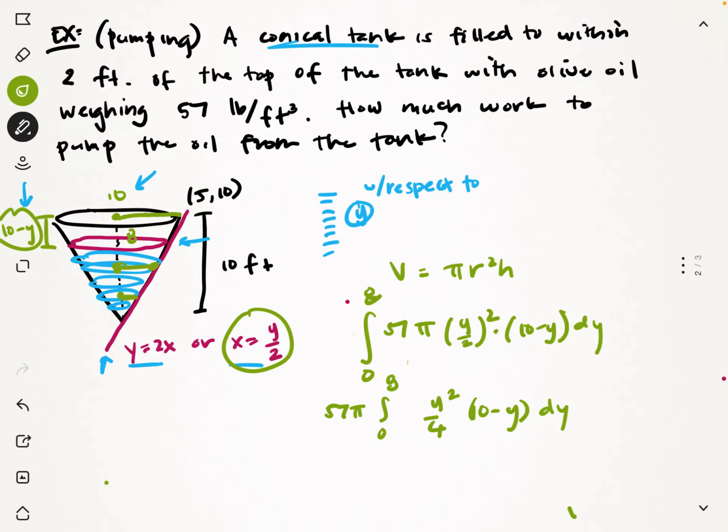We can also bring out this divided by 4, so let's put that outside, so we just have y squared. Then we can multiply this out, so we have 10y squared minus y cubed dy from 0 to 8. And then we have this 57 pi over 4 on the outside.